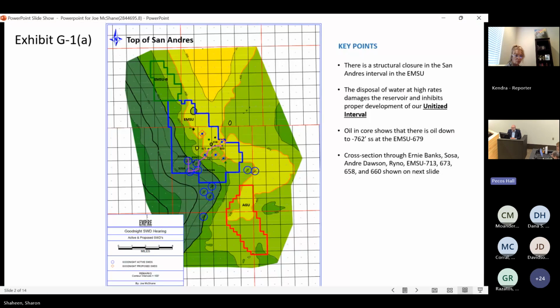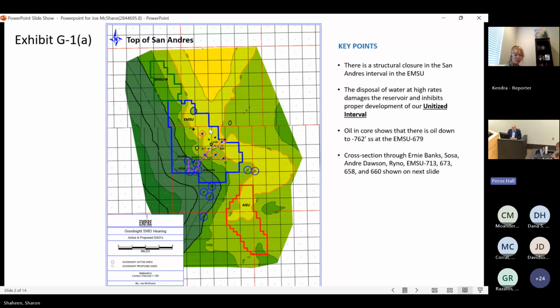Turning to your Exhibit G1A, what is the importance of this slide? So this is a regional slide showing the EMSU, the EMSUB, and AGU. Overlaying is the top of the San Andreas structure map. The first thing to point out is that the structure shows there's a structural closure in the San Andreas on the east, running northwest to southeast over EMSU itself on the right side of the unit.